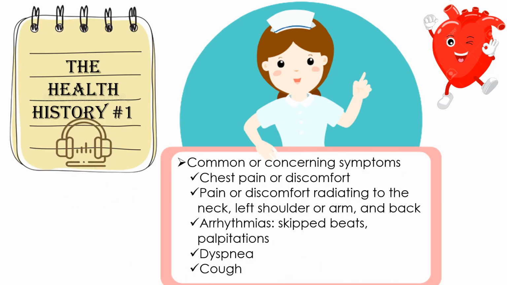Let us now move on to the health history. As a student nurse, make sure to take note of the following common or concerning symptoms: chest pain or discomfort, pain or discomfort radiating to the neck, the left shoulder or arm, and back, arrhythmias or skipped beats and palpitations, dyspnea or shortness of breath, and cough.